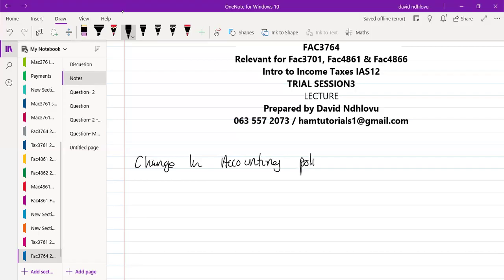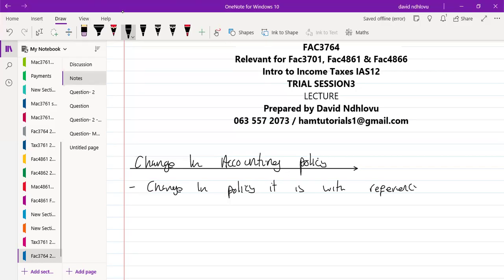There are many different types of policies that an entity can have. For example, policies with regard to depreciation, policies with regard to fair value measurement, etc. However, for this particular syllabus and for this particular topic, when we talk about a change in policy, it is with reference to changes in inventory valuation method.